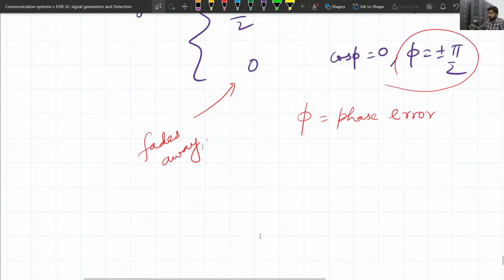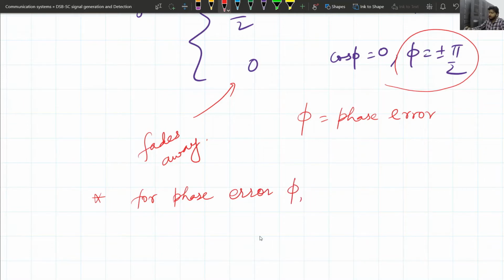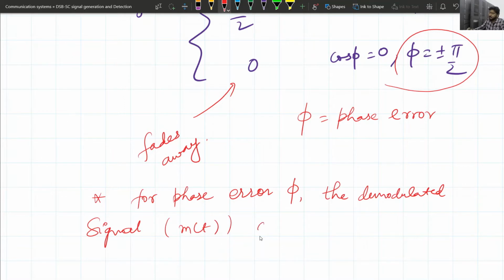We can also write a point here that for a phase error phi, the demodulated signal, or simply the message signal, attenuates by a factor cos phi.